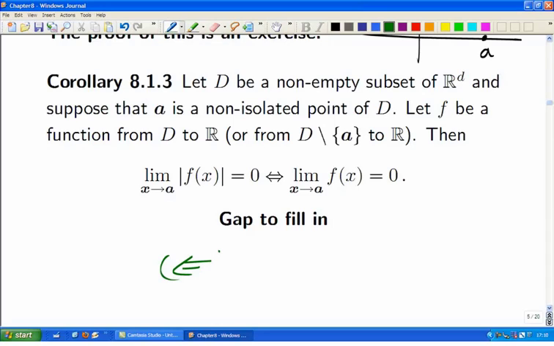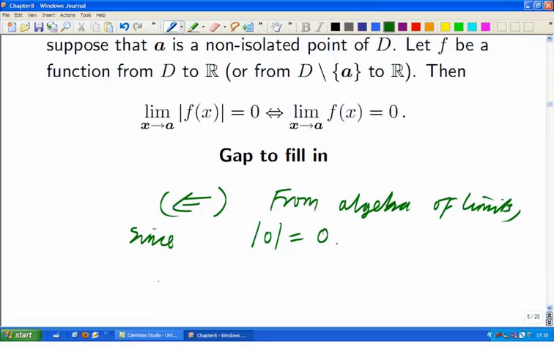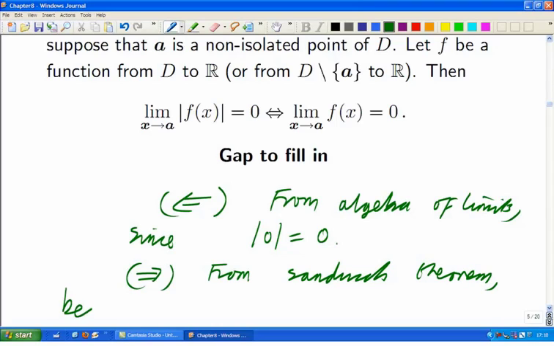So the reverse implication, that's from the algebra of limits, since the modulus of 0 is 0. And the forward implication is from the sandwich theorem, because minus mod f of x is less than or equal to f of x is less than or equal to plus mod f of x.